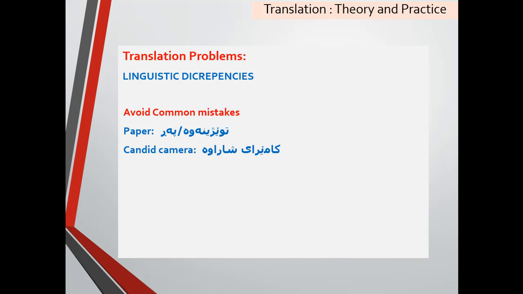But look at the word candid camera. Candid means frank, or it means real or truthful. But nowadays in our culture it has been turned into کامێرەی شاراوە. In reality this is a common mistake that people do, so try to find another way in order to express that, or in order to convey the true meaning of the word.